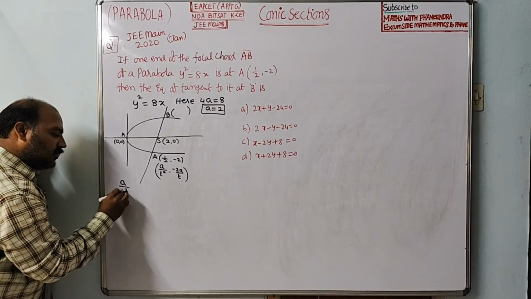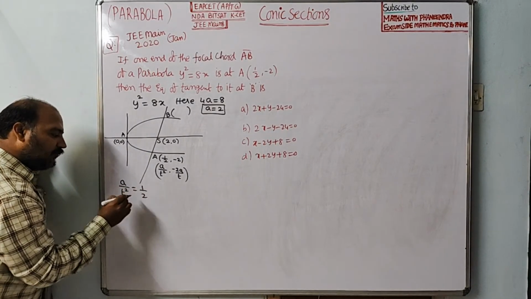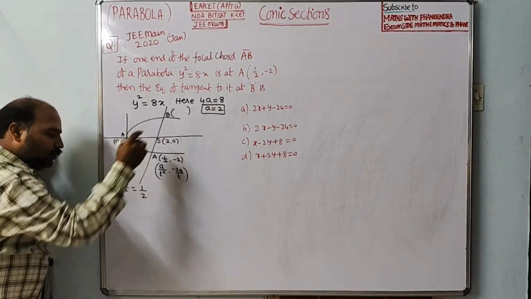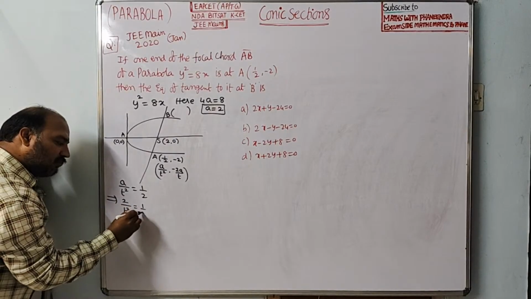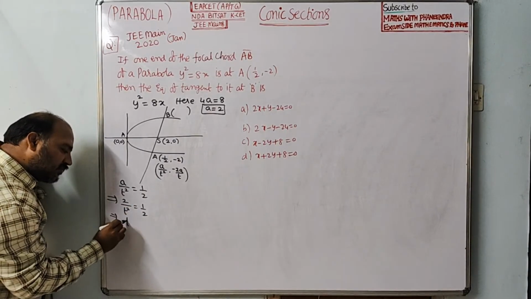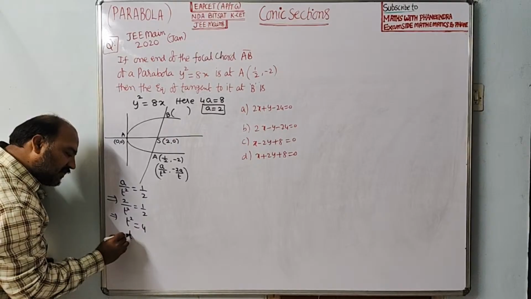A by t square is equal to 1 by 2. A value is 2, so 2 by t square is equal to 1 by 2. T square is equal to 4, t is equal to 2.